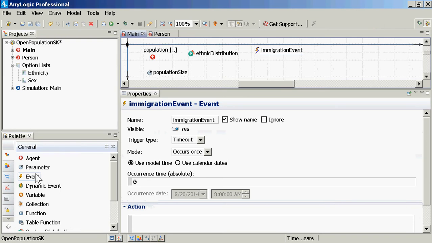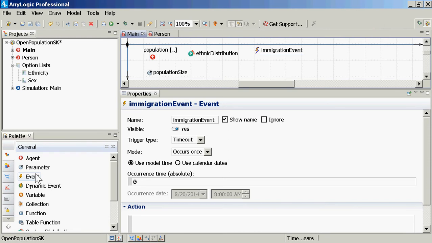So, folks, the characteristics of personhood are such that they have an ethnicity and a sex. But the actual assignment of values for those is done for the initial population, associated with the population.